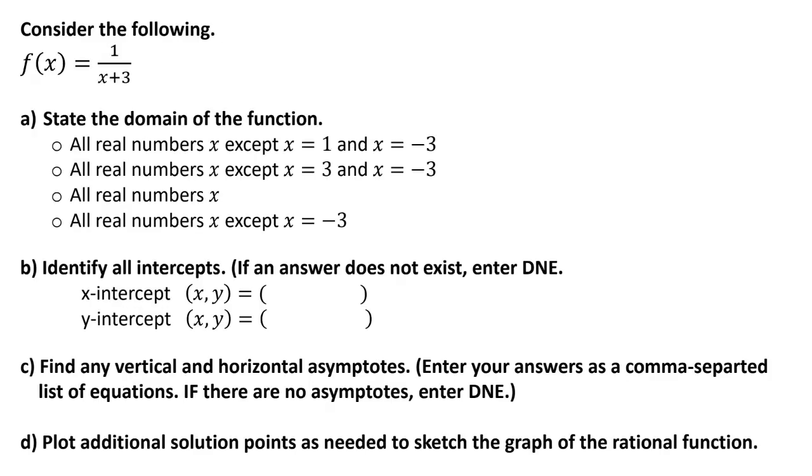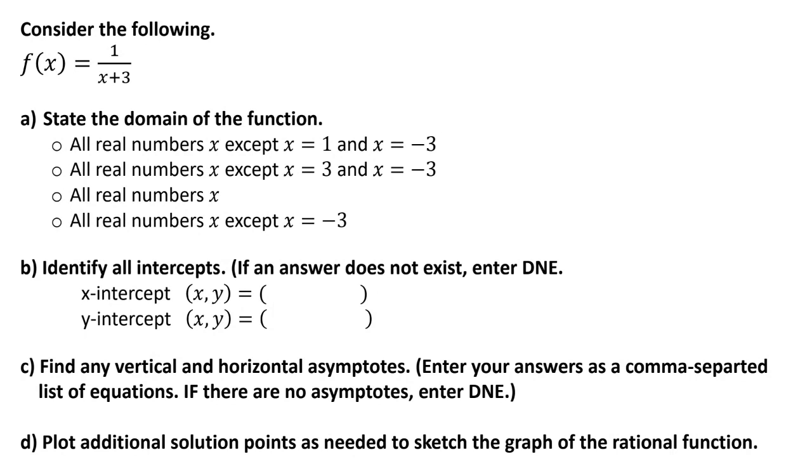All right, so I'm going to start off with section 2.6. It reads, consider the following: f of x is equal to 1 over x plus 3. So what we have here is a rational function. It's a function that is a fraction, yes? On your homework, it asks you several things.